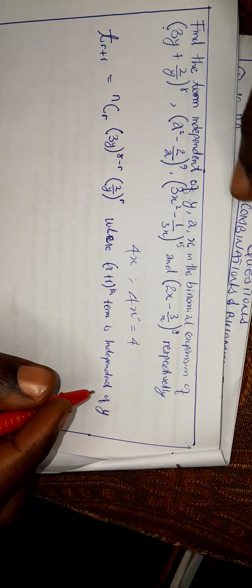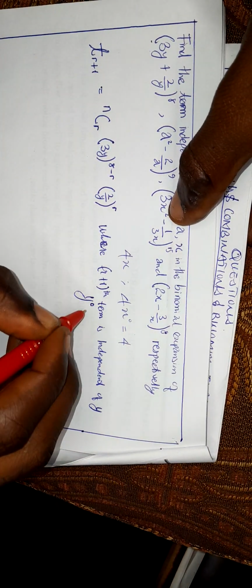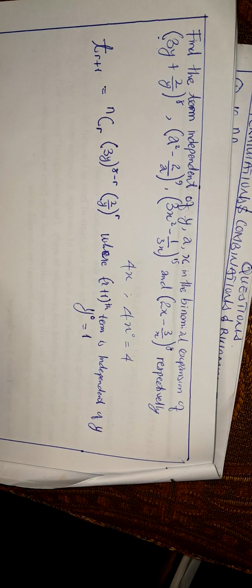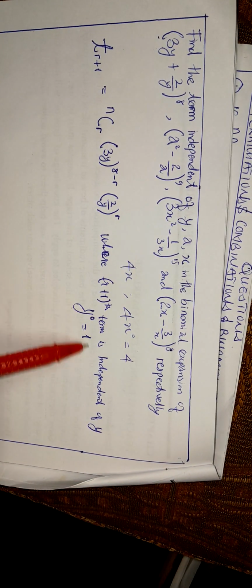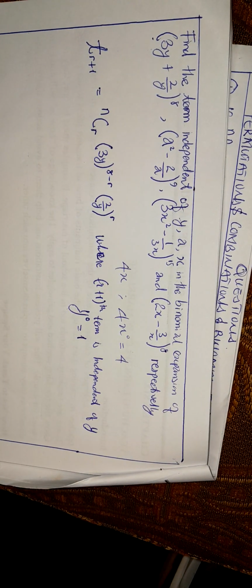If we're using x, it will be independent of x. Okay, so it means y to the power of 0 equals 1. That I have explained. So it means this is independent of y. I just want you to note that.